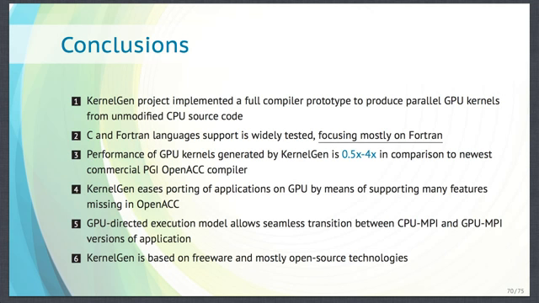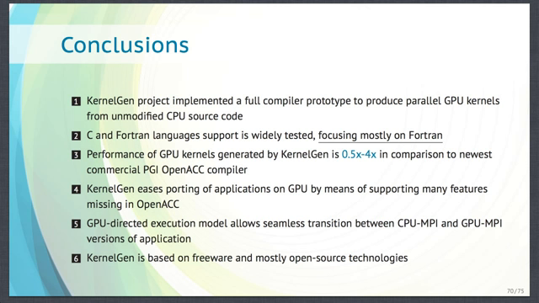KernelGen project implemented a full compiler prototype that can produce GPU kernels for unmodified existing source codes. We paid a lot of attention to have a good level of C and Fortran languages support. As benchmark suite showed, we have some interesting performance gains against commercial compilers, and this comes for free.